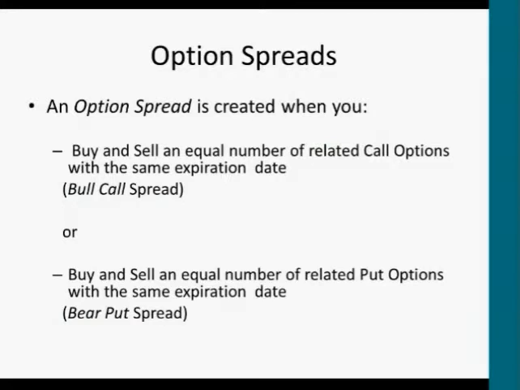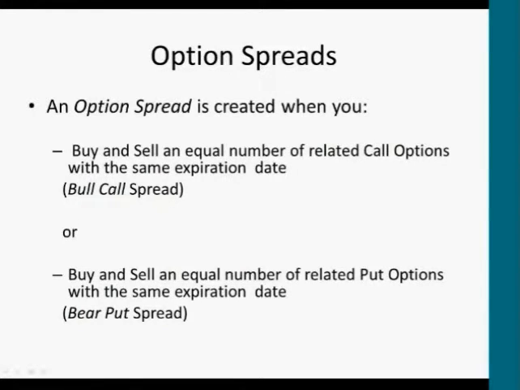An option spread is created when you buy and sell call options with the same expiration date. So you want to buy an equal number of options and sell an equal number of options with the same expiration date. This is what's known as a bull call spread.